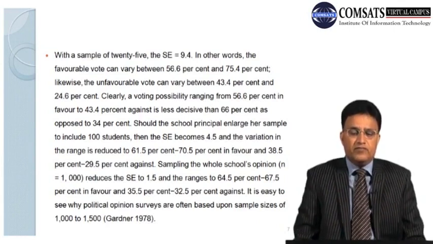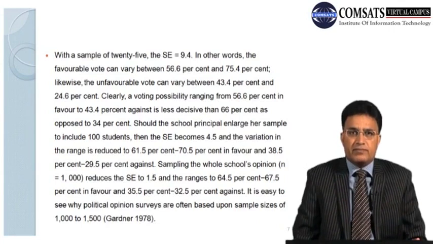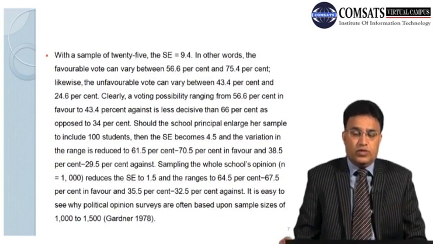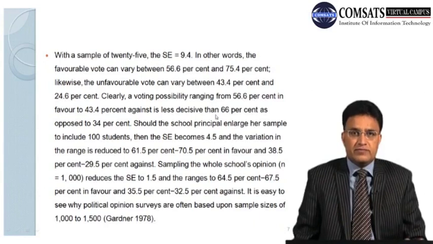Clearly, a voting possibility ranging from 56.6% in favor to 43.4% against is less decisive than 66% as opposed to 34%. What these numbers show is that 66% were in favor in the principal's case and 34% were against.